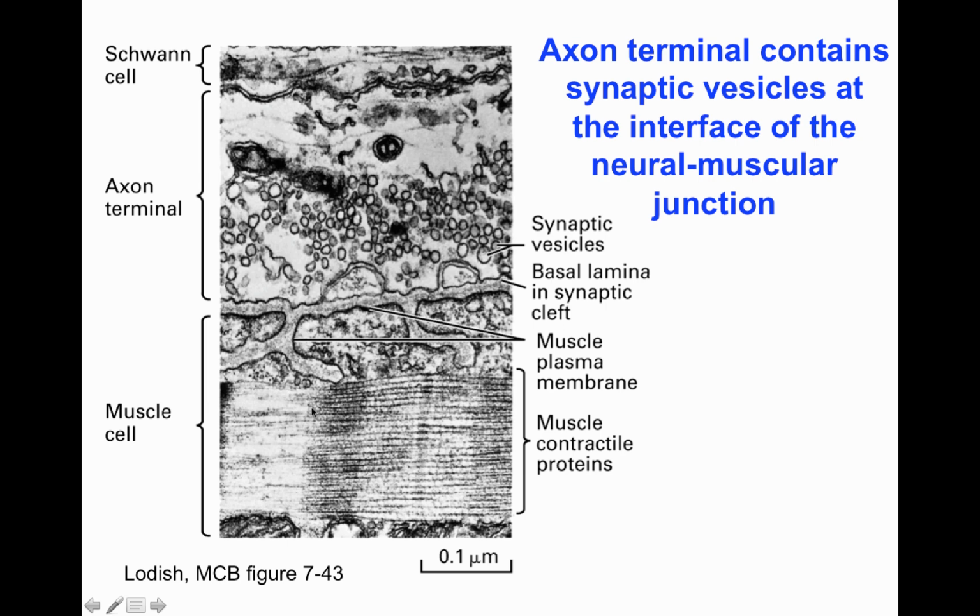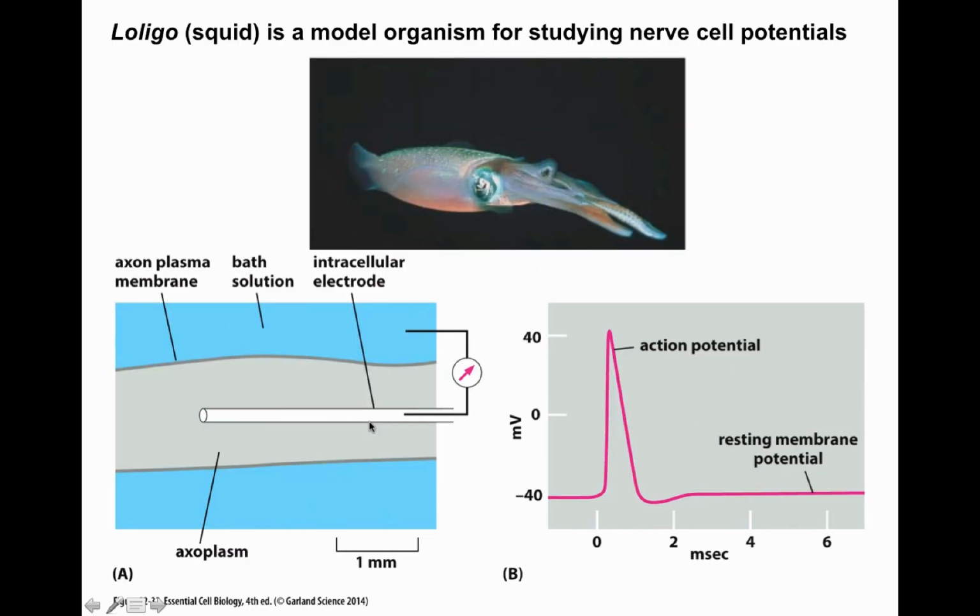Below, in the muscle cell, you have a structure of repeating fibers that make the sarcomere, which is the muscle contractile proteins. We're going to learn later that those are actin filaments with myosin fibers that will contract once the neuron has given the signal to that muscle cell to contract.